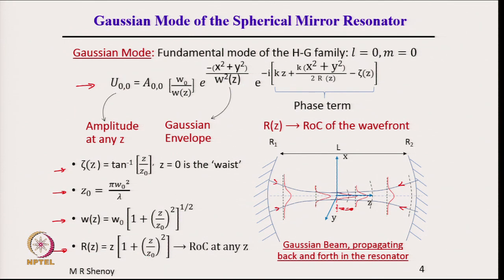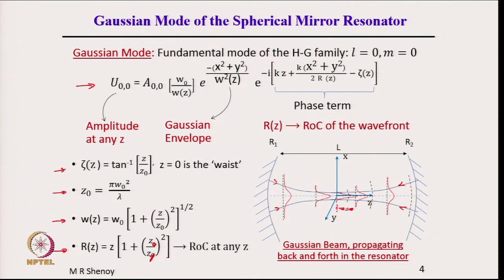there is an error here, this is z naught square by z, this is z naught square and this is z. So, there is a mistake here. So, it is z naught by z the whole square. In w of z, it is z by z naught the whole square, but in R of z, it is z naught by z the whole square.